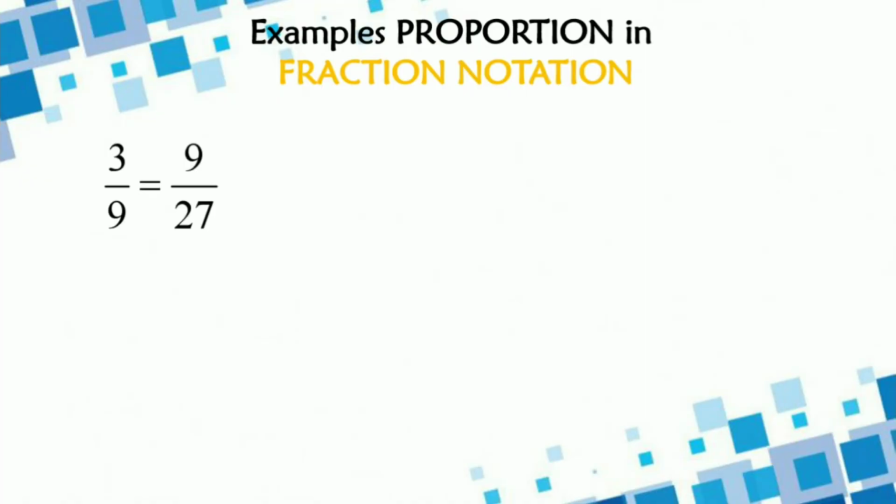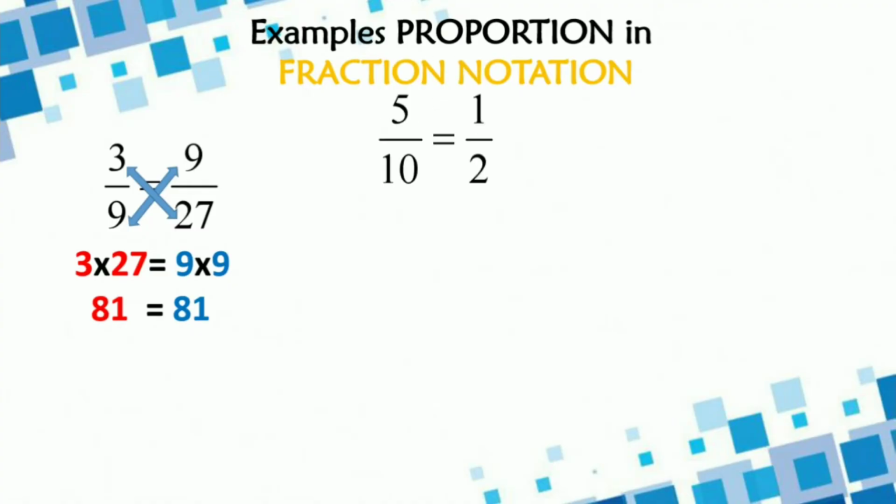We have to multiply yung numerator dun sa denominator ng isang ratio and denominator sa numerator ng kabilang ratio. We have 3 times 27 is equal to 9 times 9. Let's test its proportionality. 3 times 27 is equal to 81. 9 times 9 is equal to 81. Therefore, ang dalawang ratio na to is proportion. Okay, so let's have another example.